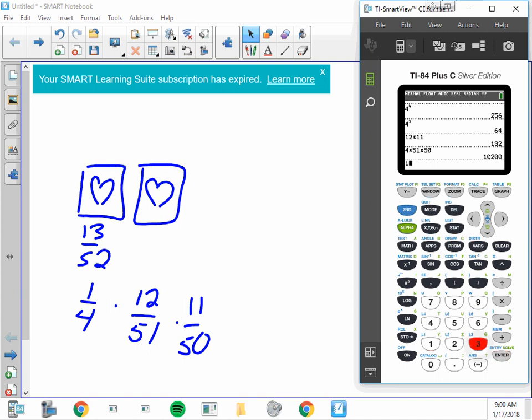So 132 divided by 10200. And the decimal is about 1%. The fraction would be 11 out of 858. Is that a lot easier? Does that make sense? Okay.